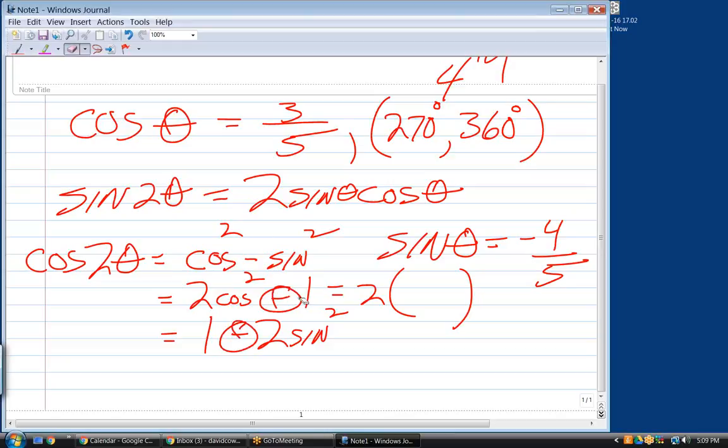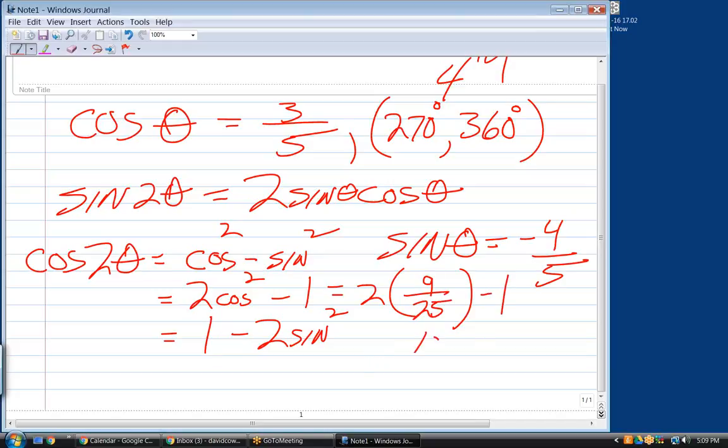At no point are you adding anything. Okay? So it's 2 times cosine squared of theta. What's cosine squared of theta going to be? 3 over 5, squared. 9 over 25. Minus 1. There's your answer.